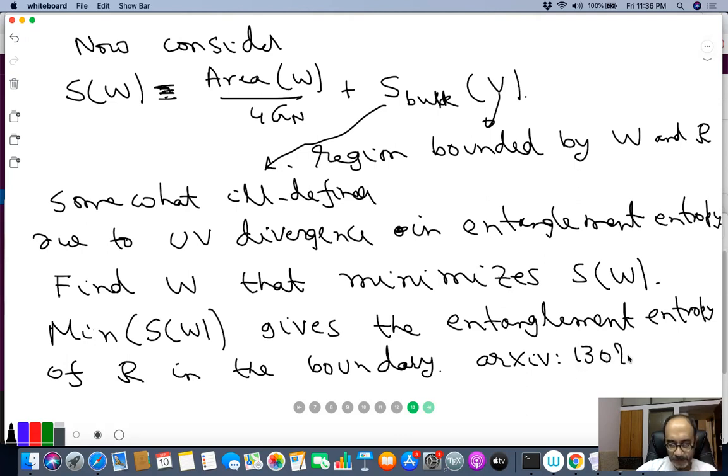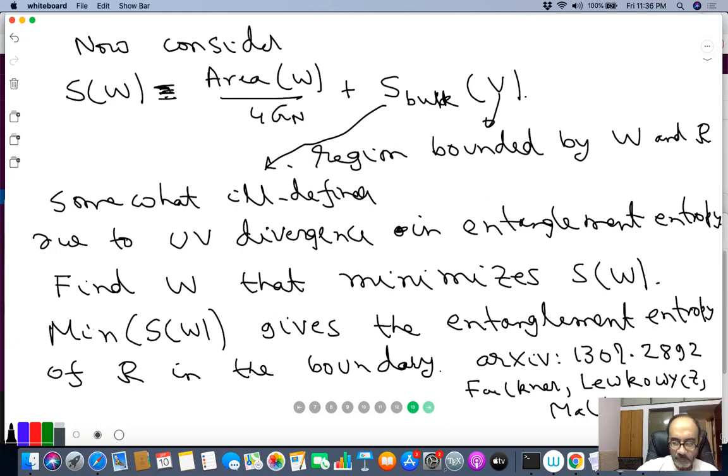So this is by Faulkner, who proved this general result.